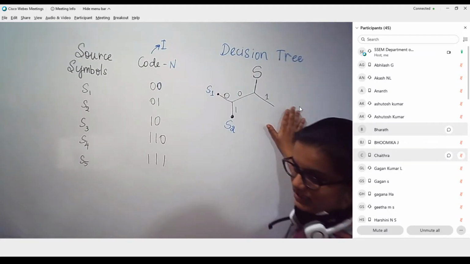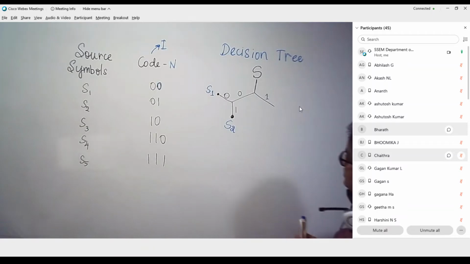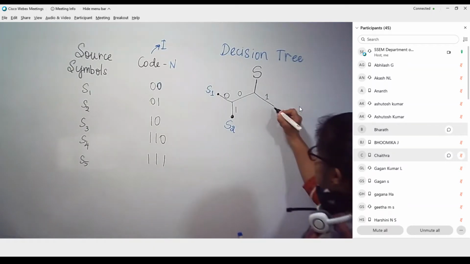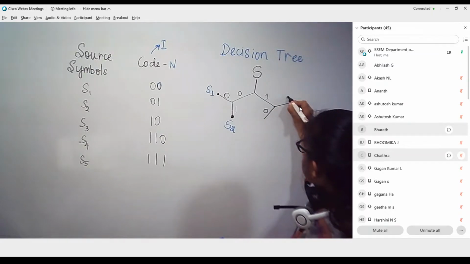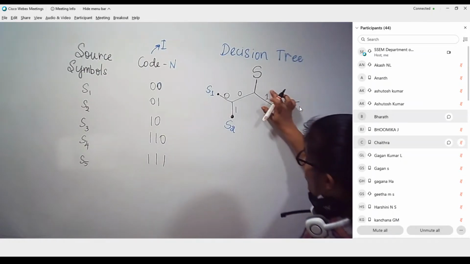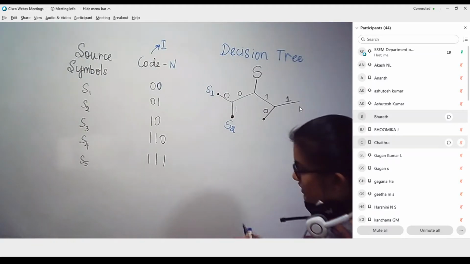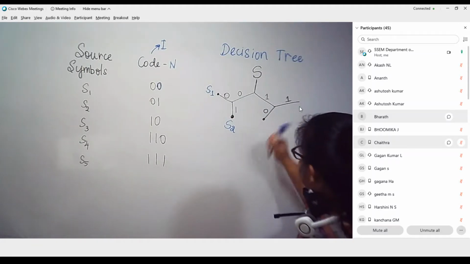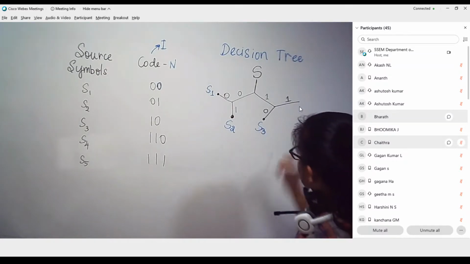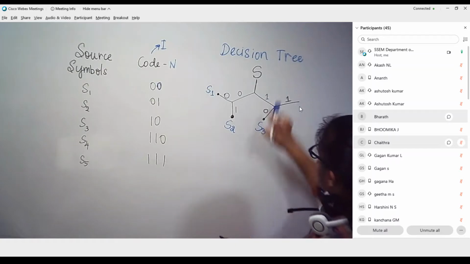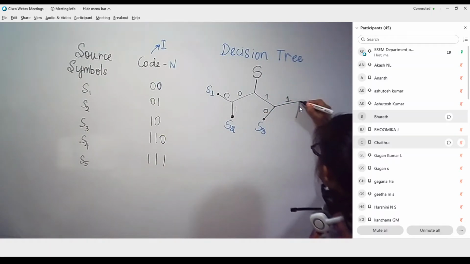Coming to the other side, where all other codes start with 1, I can split this again into 0 and 1. 1 0, I have a code, and this particular branch will be denoted as S3. 1 1, there is no code, so again I need to split here as 0 and 1.